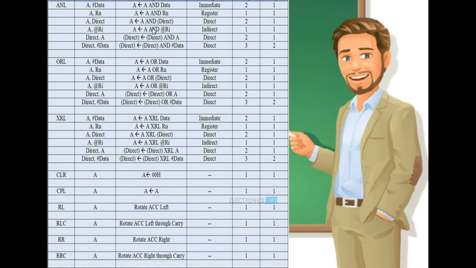Indirect addressing mode, same. Here ANL direct, A, that means the direct address register value will be equal to the AND of the accumulator and the direct register. Here the contents of the direct register are ANDed with data.